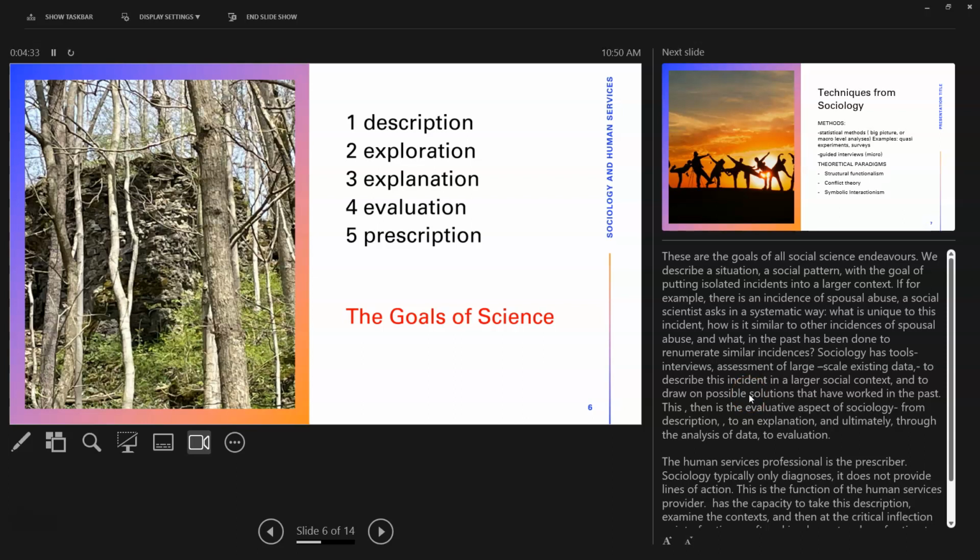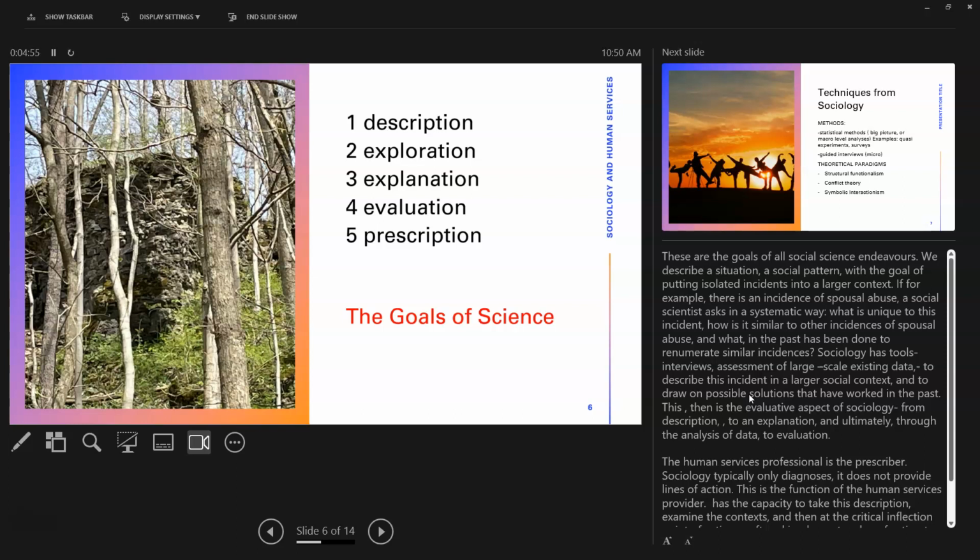We describe a situation, a social pattern, with the goal of putting isolated incidents into a larger context. If, for example, there's an incidence of spousal abuse, a social scientist asks in a systematic way, what is unique to this incident? How is it similar to other incidences of spousal abuse?